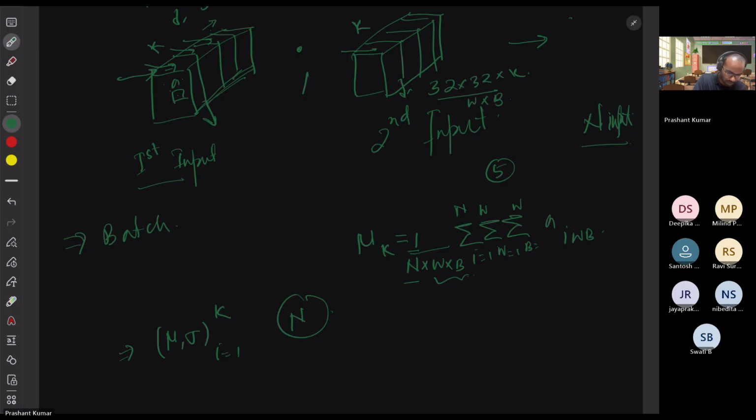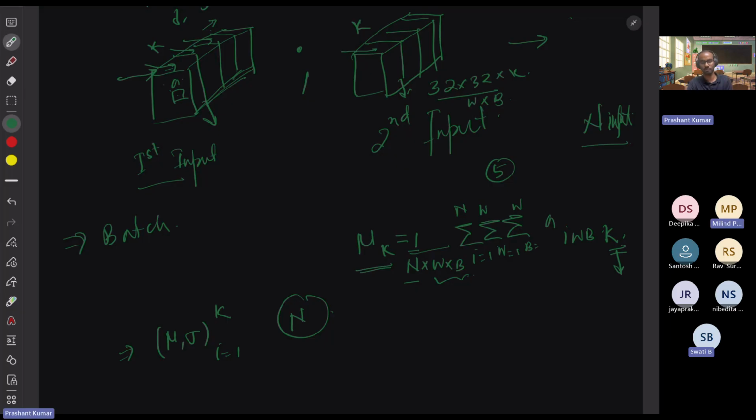For this kernel k, this is constant, right? And this k will change, so I am trying to find the value of mu k, right? Got it?